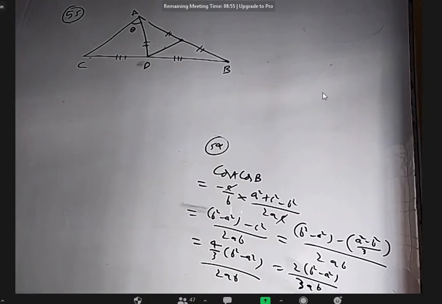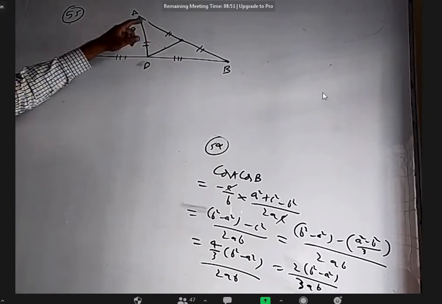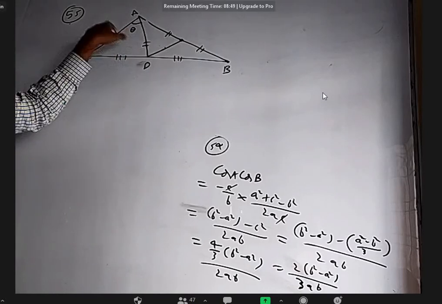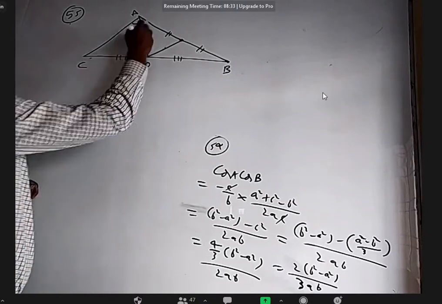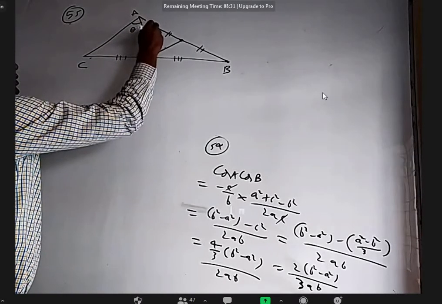I want to prove sin theta equals sin A. How can sin theta equal sin A? That means if this is theta, the other should be 180 minus theta. Of course, this angle is A minus theta.